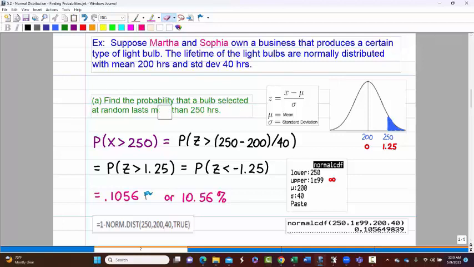So if you're doing it the chart way, you would convert this to Z, like we saw in that last section. So you take 250 minus 200, divided by 40, and you get 1.25, and if you're using the chart, you would want to flip it over and change the sign and make it negative. Look it up, get 0.1056. Okay, so that's how you would do it that way.